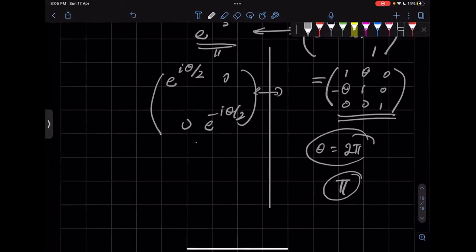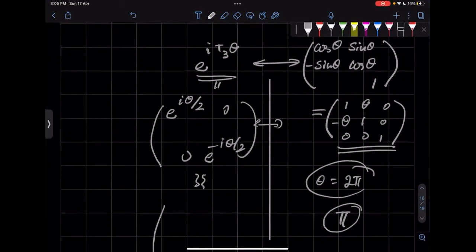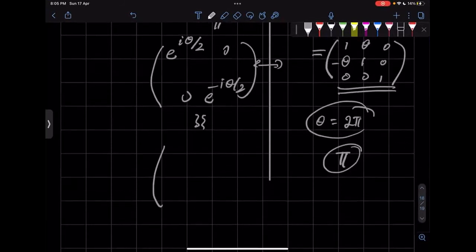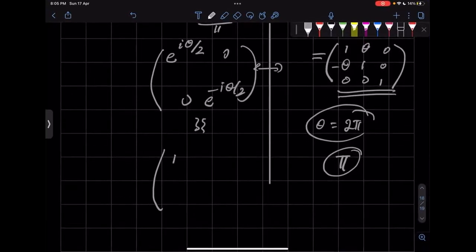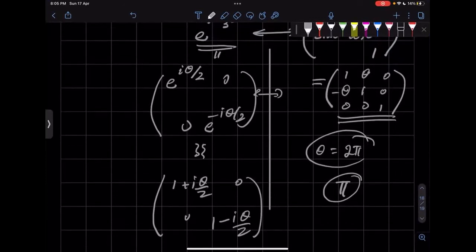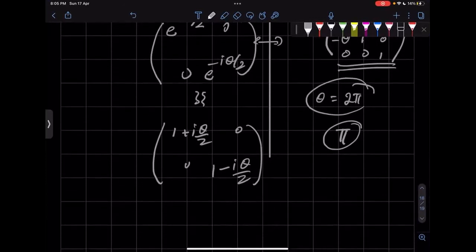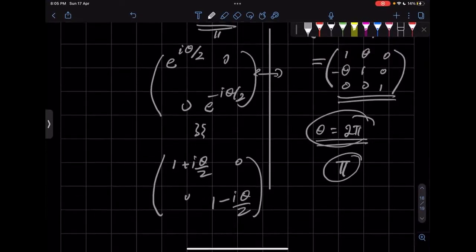So for small values, this is going to be 1 plus i theta by 2, 0, 0, and 1 minus i theta by 2. This is SU2 for small values of theta. Now, what if I take theta to be 2 pi, where in SO3 you came back to the identity?